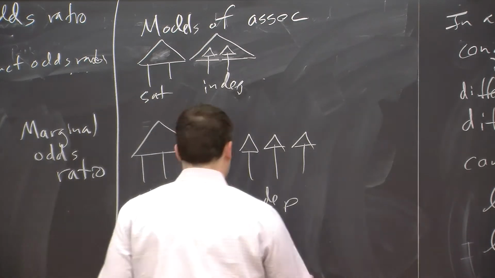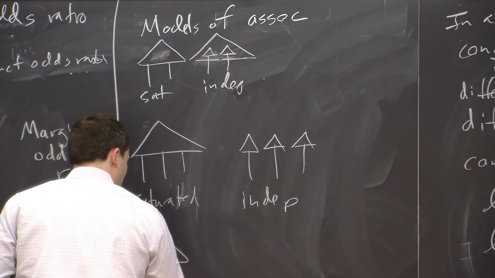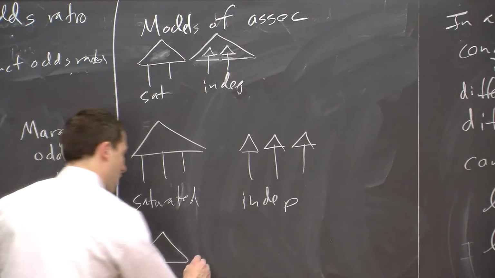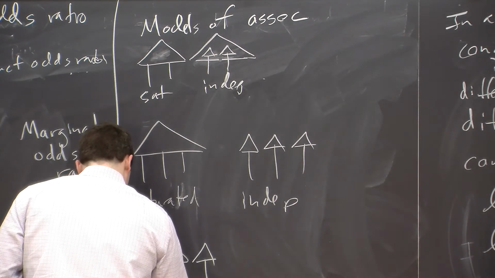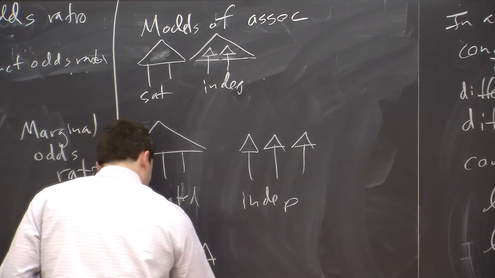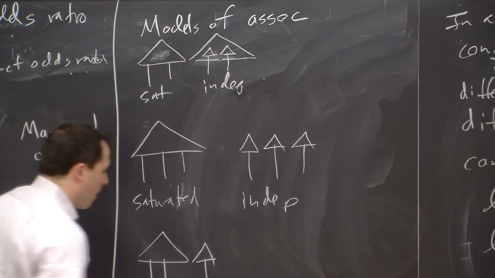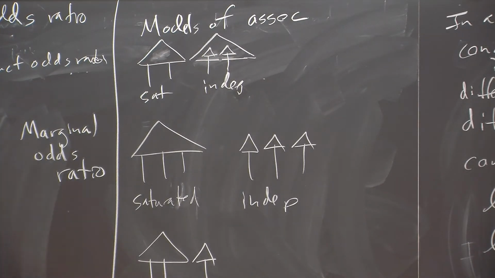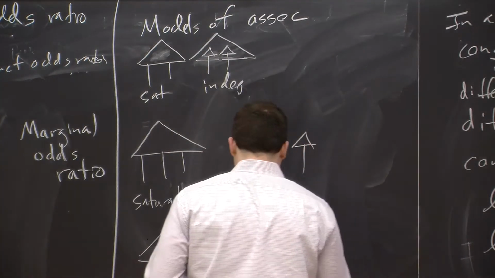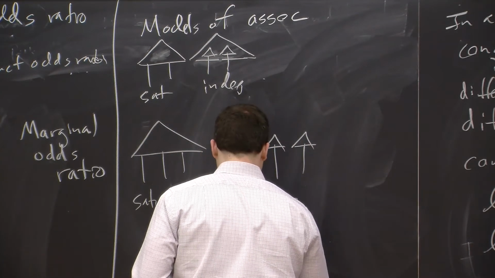But I can also have things like, well, two of the random variables are saturated with respect to each other and are independent of the third. This is called joint independence sometimes. And there's three different ways I could do that. You can see the table gets bigger. There's many more possible ways of grouping them together. And I can have this other thing called a conditional independence.